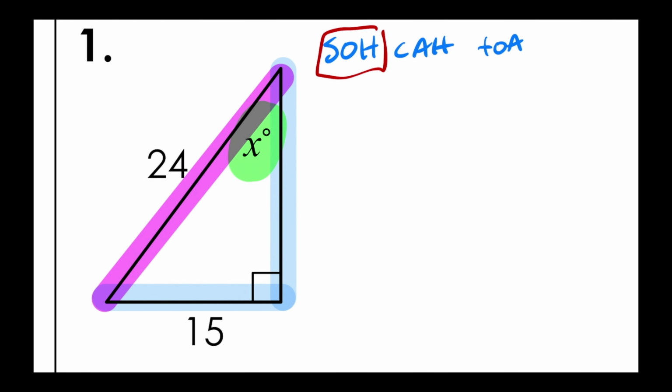Exactly, sine. So let's set up our equation. Sine of what? Well, the sine of the angle, because it's always in reference to the angle we're focused on. Sine of x degrees, we don't know what it is, so it's called x degrees, equals opposite, which is 15, over hypotenuse, which is 24.